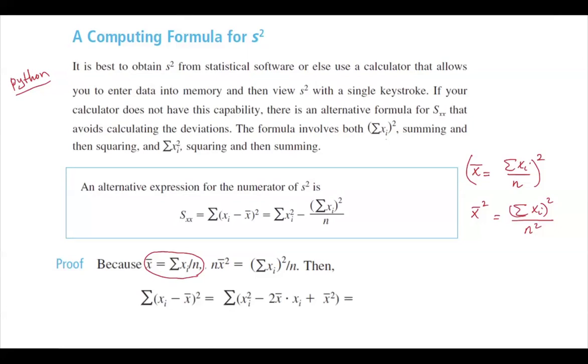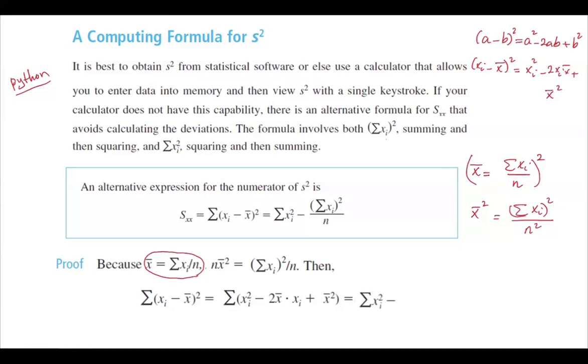If you have a minus b to the second power, that is a squared minus 2ab plus b squared. But now here you have xi minus x bar to the second, which is xi squared minus 2 xi x bar plus x bar to the second.